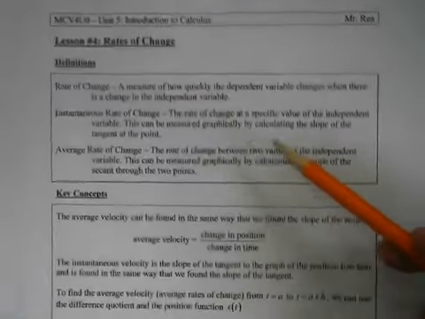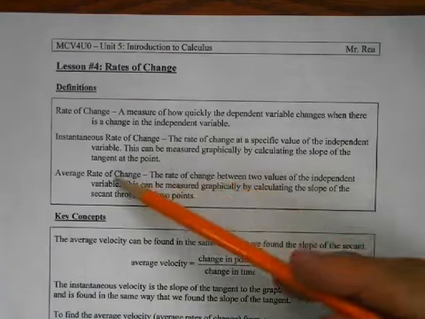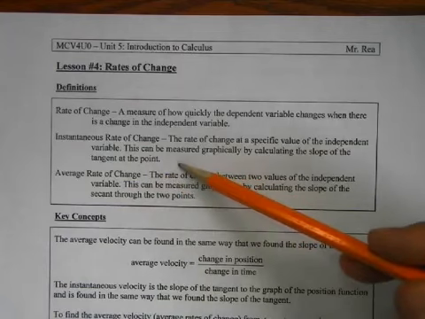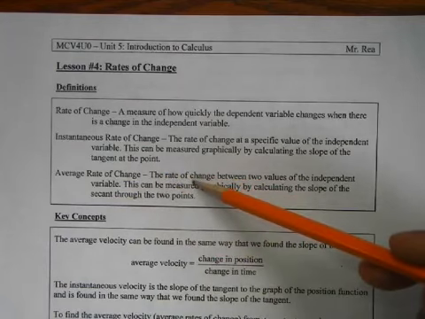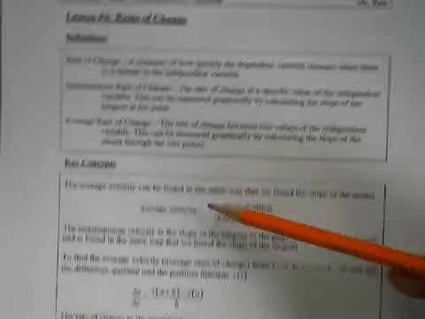We are also going to look at average rate of change. Average rate of change is always between two points, measured between two values. How is it changing between those values, whereas instantaneous is how is it changing at a very specific point?